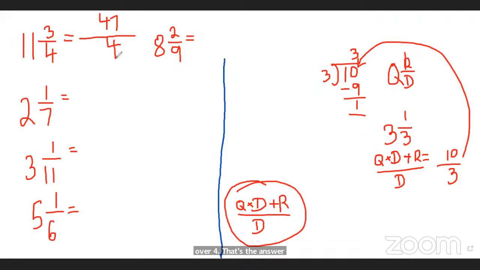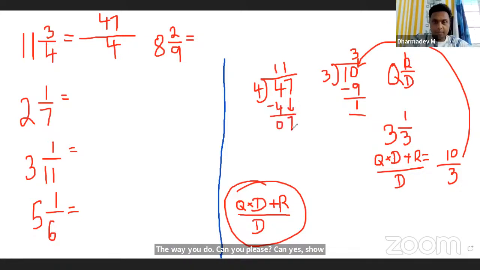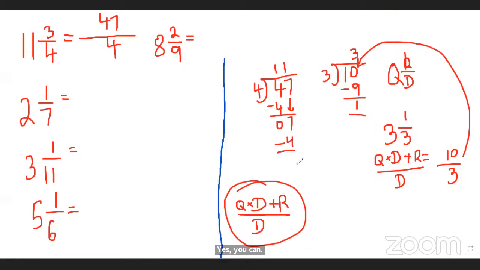Yeah, but my question is, can you put it back in the division bar like the way you did 10/3? Yes, you can. Sure.